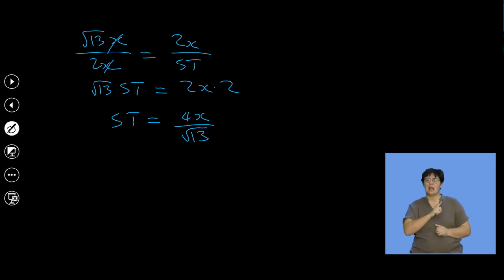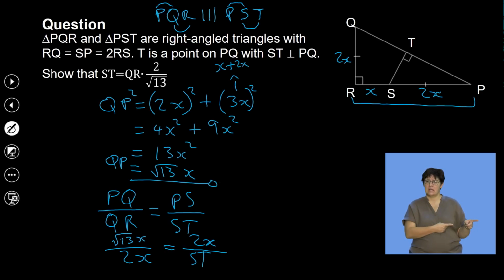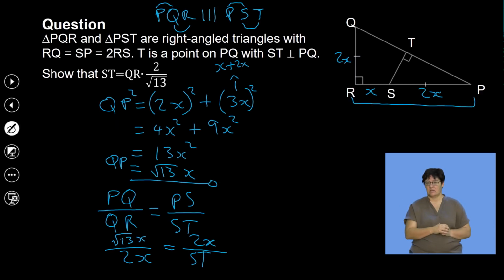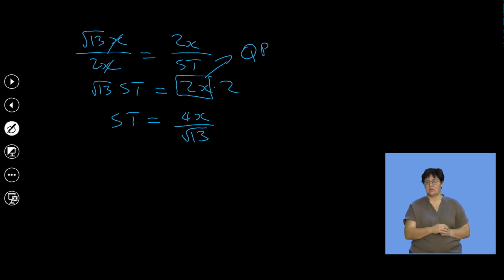But remember, what were we told? We were told that my QR, which is what I know, was 2x, right? So already from this part here, we know that is my QR, right? Yes, that is the QR.